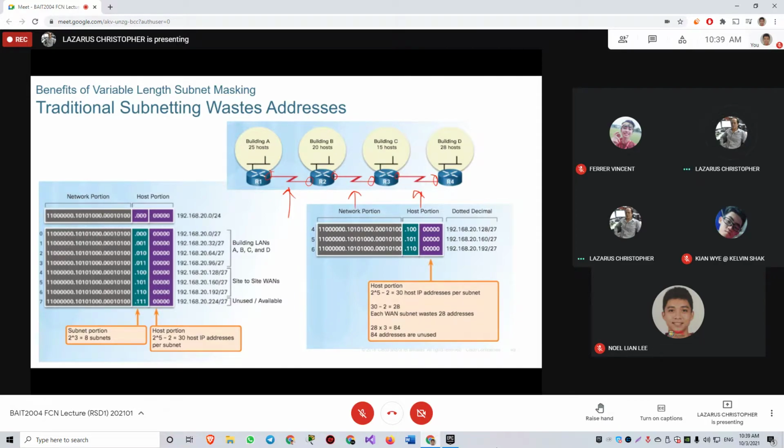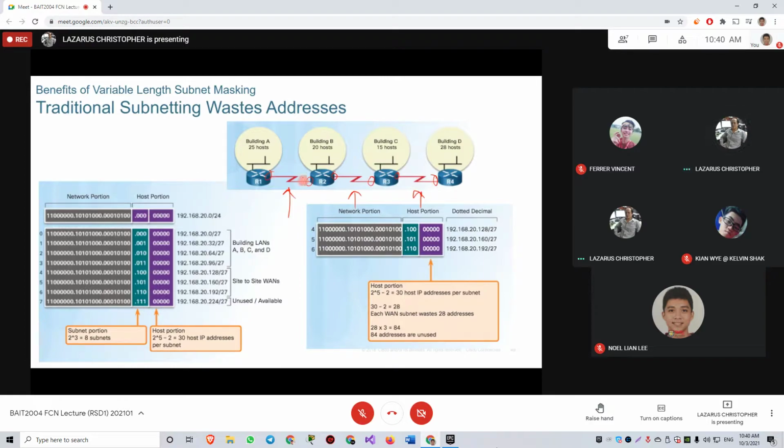You can see, if you add up, the calculation tells you how many addresses are unused. Unused here means wasted. Especially this wide area network between buildings, you only need 2 host addresses actually, but because of traditional subnetting, you have 30 host addresses. 5 bits host part, 2 power 5 is 32, minus 2 is 30.